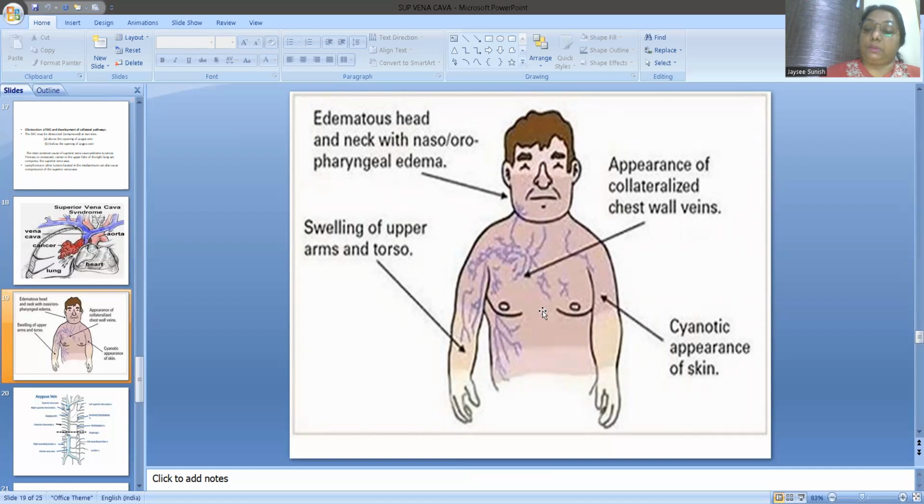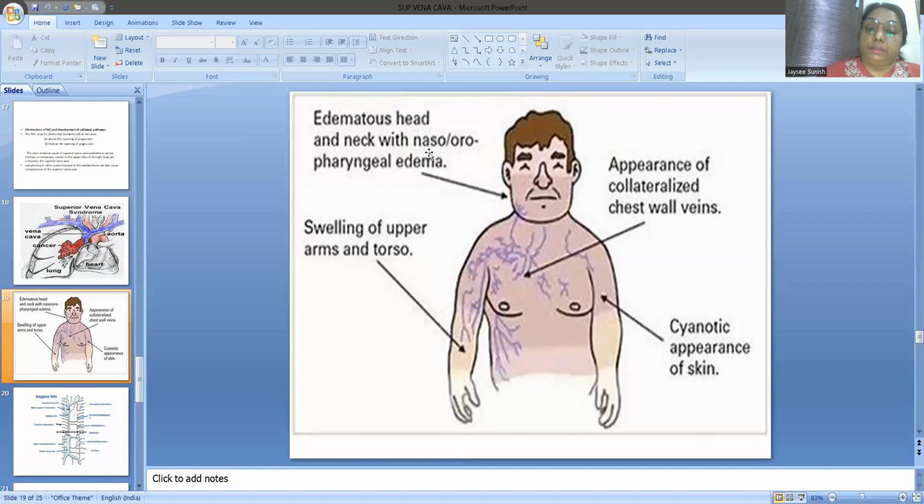Now it is blocked and compressed, so this blood is not drained by the superior vena cava. There will be accumulation of blood, seen as swelling of the upper arms and torso, meaning the upper chest side.